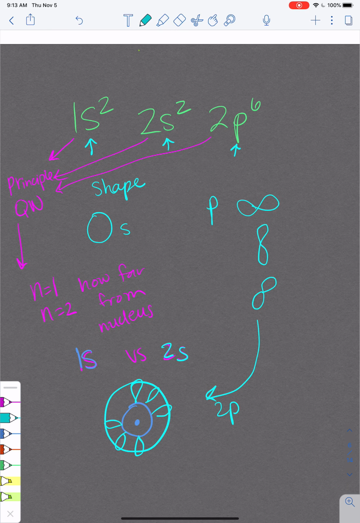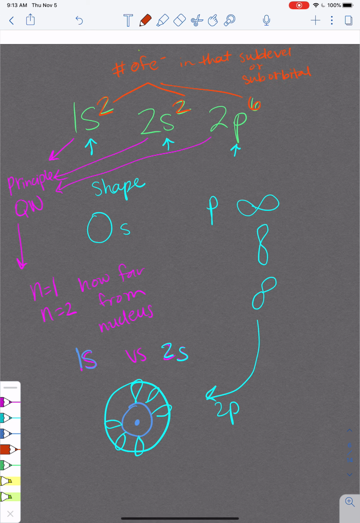So the last thing in this setup that we need are these numbers up top. So 2, 2, and 6. All of these numbers are the number of electrons in that sub-level or suborbital.